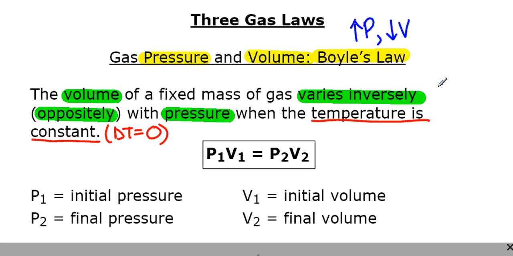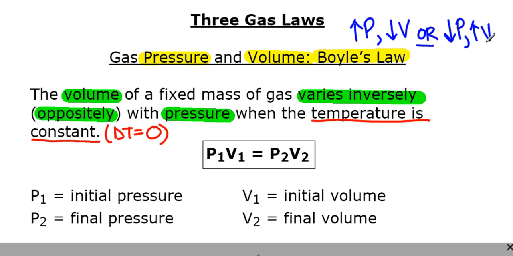They're opposite to one another. Or you could say if the pressure decreases, the volume increases. So as one goes up, the other one goes down. The formula itself is P1V1 is equal to P2V2.